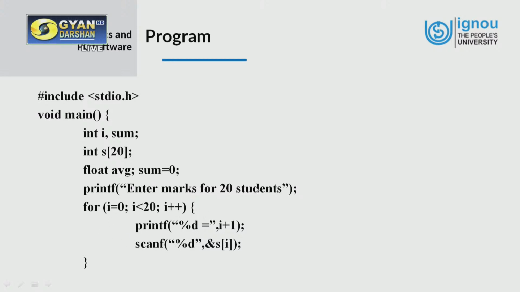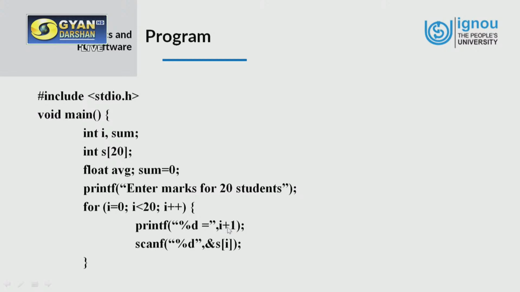So you said print enter the marks of 20 students, and then you start with I equals 0 till I is less than 20, I plus plus. So I is 0. What will you do over here? You will read the value.